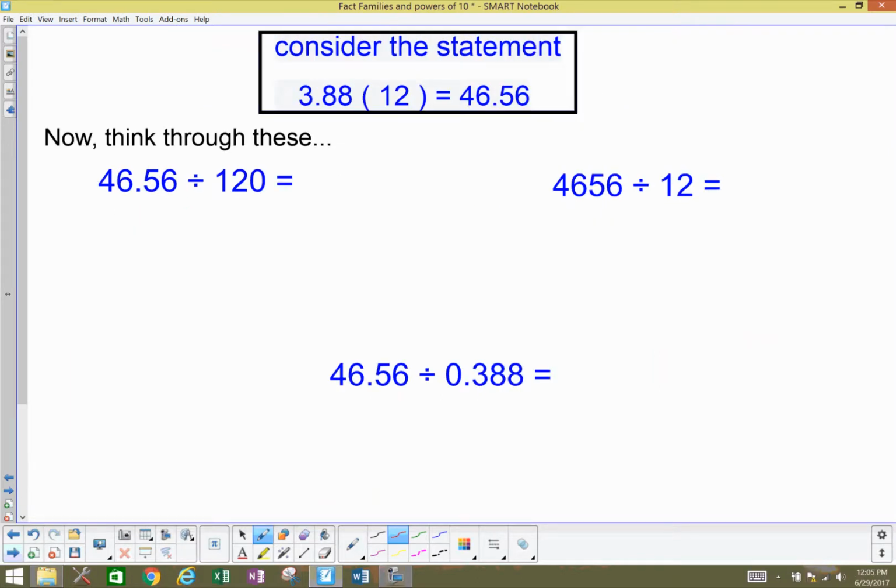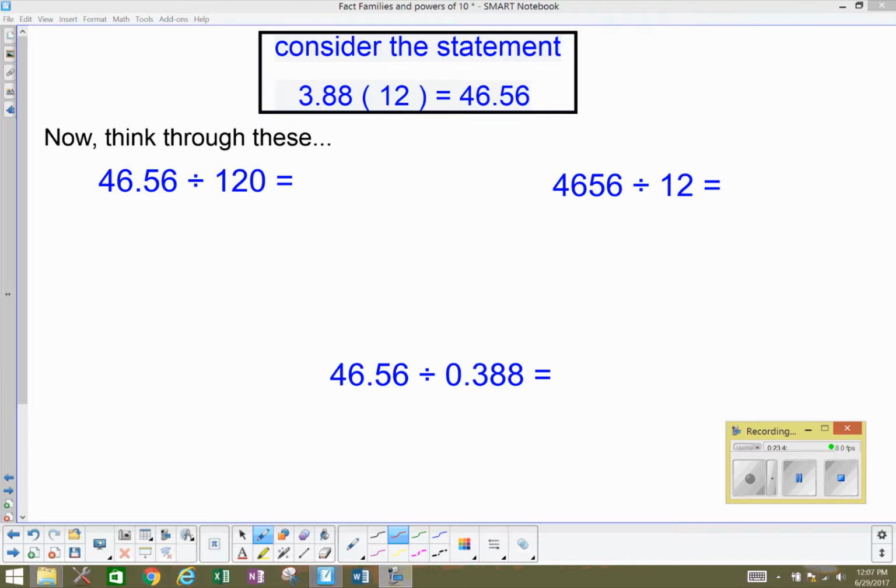Okay, so let's take a look at these. I've got 46.56 divided by 120. All right, now these get a little trickier.